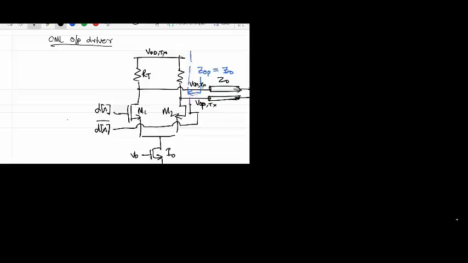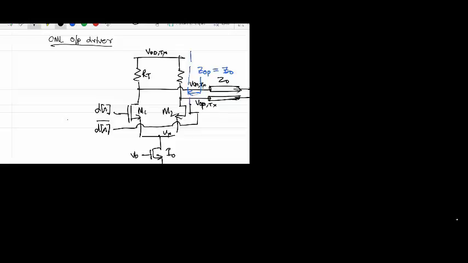The reason is this. At a given common mode voltage, let's assume this node is equal to Vx.